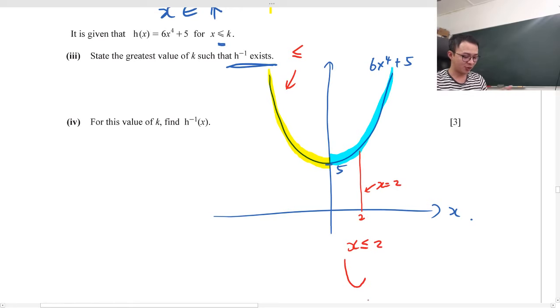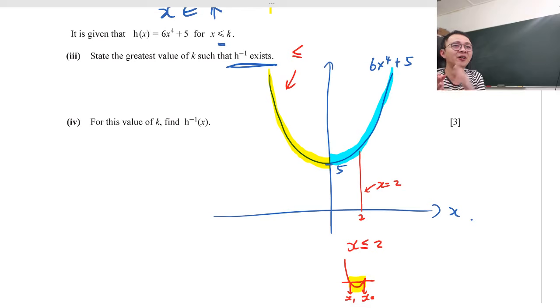And then you will realize this bottom part over here is actually many to one. If you draw any horizontal line here, you will get more than one x value. You can see I will get 2 different x values, x1 and x2. So this will make the inverse not exist because you get more than one x value.